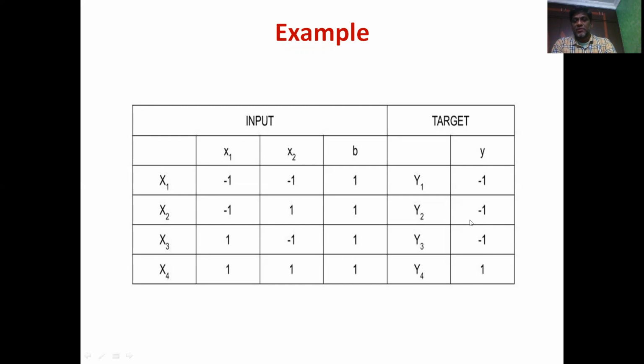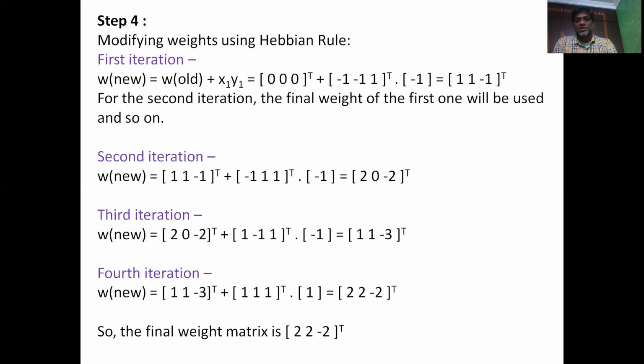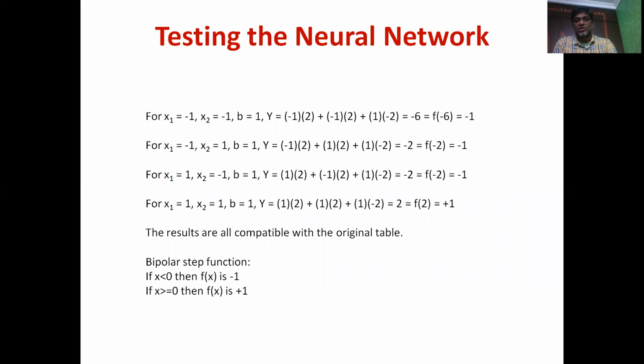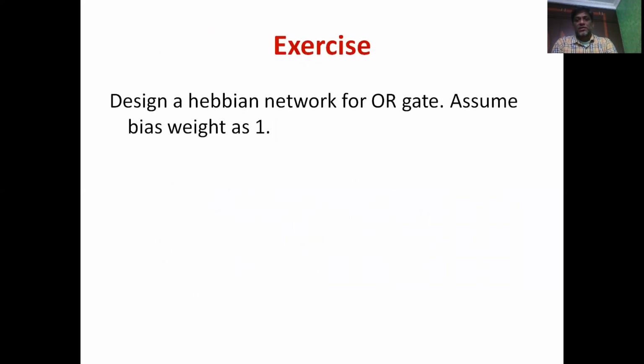That will become a bipolar OR gate truth table. And then try to design a Hebbian network by following these steps, and draw this diagram and also draw the decision boundary for the bipolar OR gate.